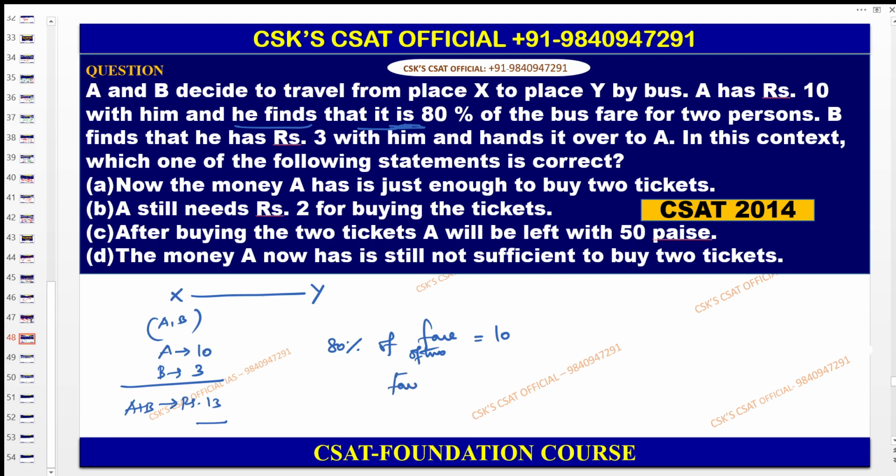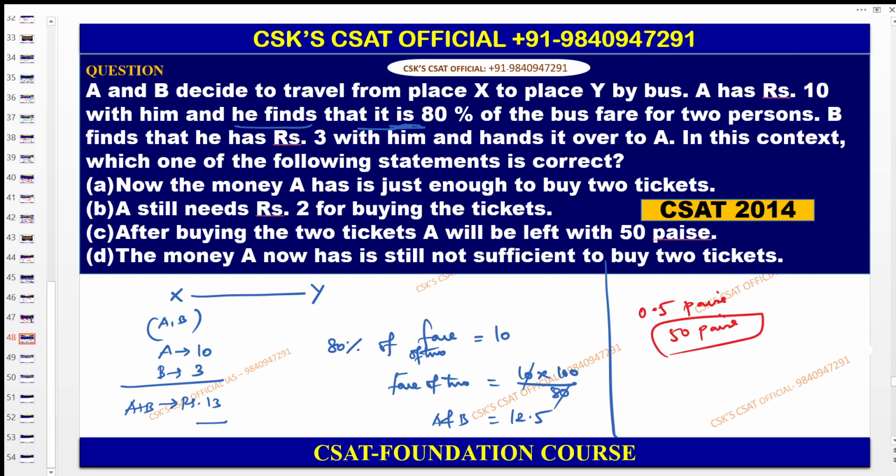Then fare of 2 is equal to 10 into 100 by 80. Zero zero cancel. 10 by 8, 12.5. So therefore actually how much are they having? Fare of 2, here A and B. Now go with the options. So excess they are having now 0.5 rupees, that is 50 paise here. Okay, 50 paise, let us take here.